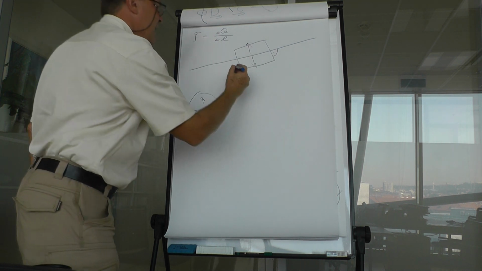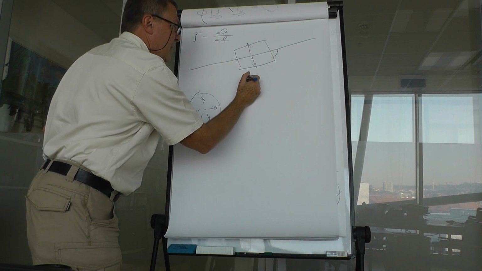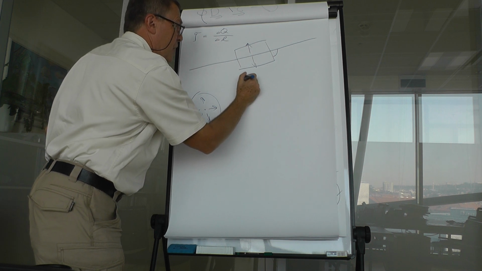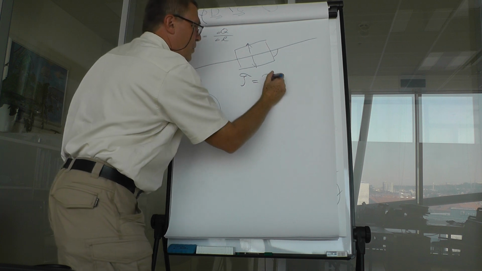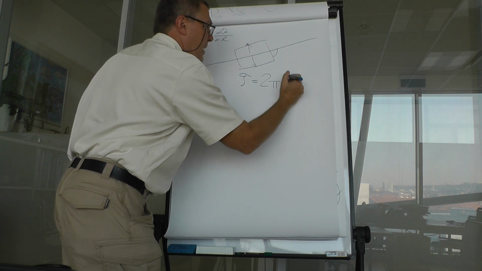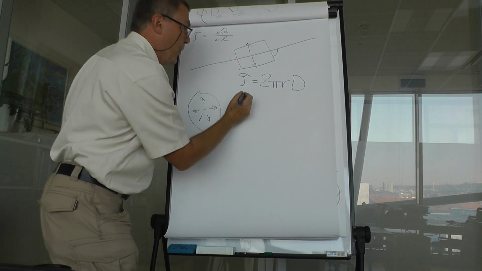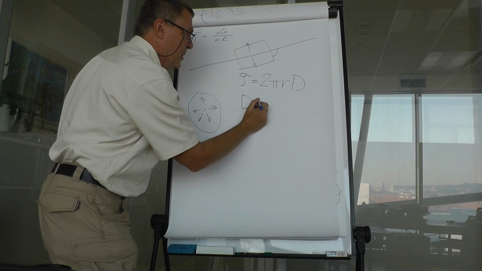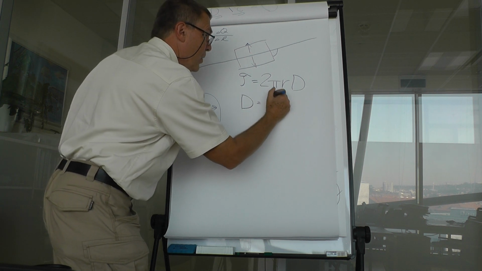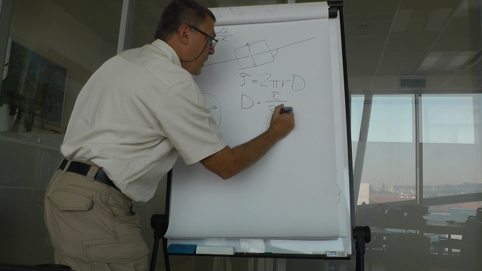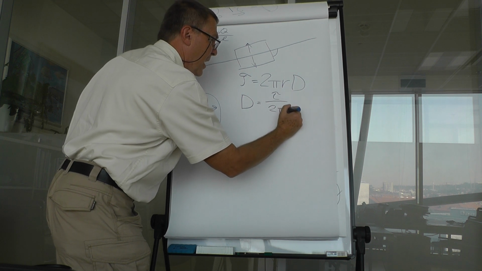So now we can tell that tau, the charge, is equivalent to 2 pi r D, and therefore the flux density D as to the size is tau over 2 pi r.